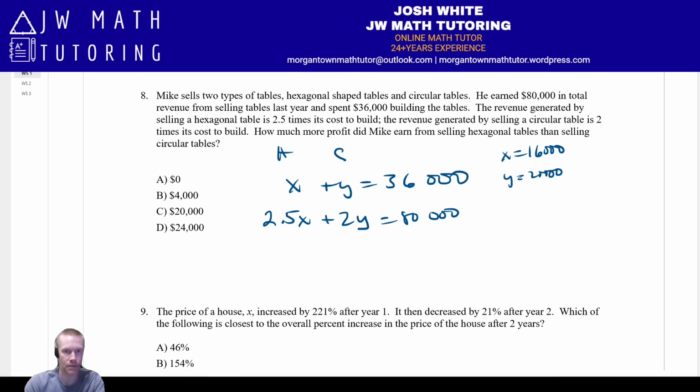Now we have to figure out the profit, but specifically how much more profit did he earn from selling hexagonal than from selling circular. Okay, so this is where it gets a little confusing. So the profit for hexagonal is the total revenue from selling hexagonal minus the cost.